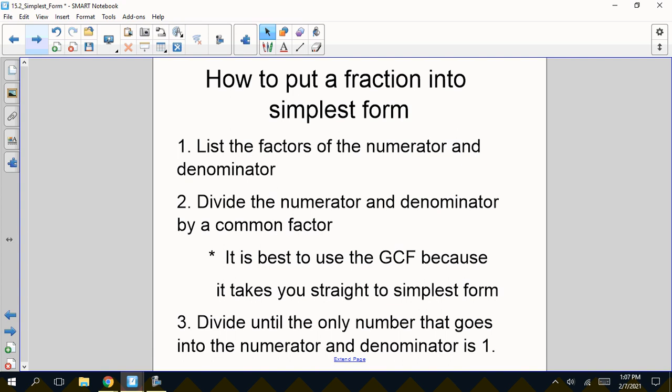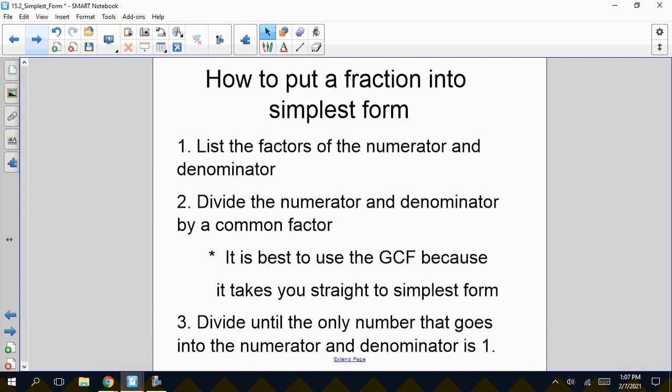We're then going to find numbers that they have in common, and we're going to divide the numerator and the denominator by one of those numbers that they have in common. It is best if you use the GCF, because that puts the fraction straight into simplest form. If you don't use the biggest number that they have in common, you might have to divide a few times.